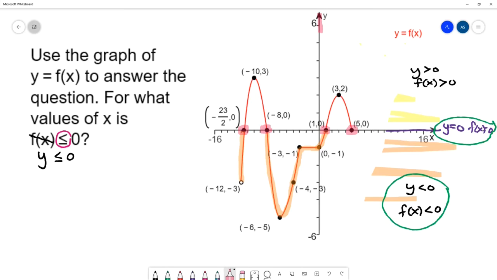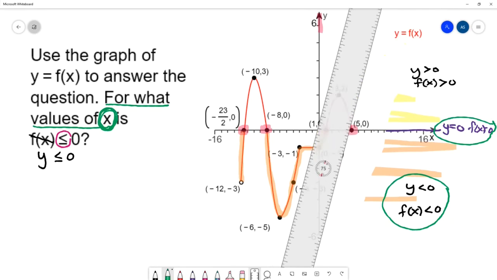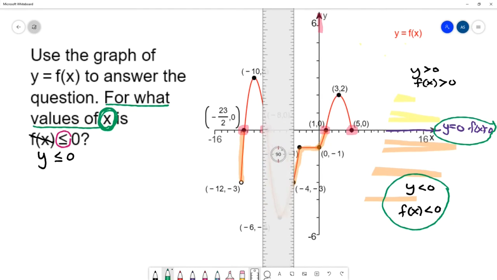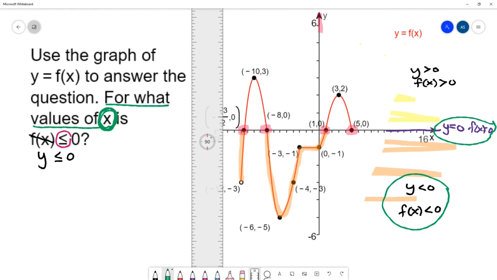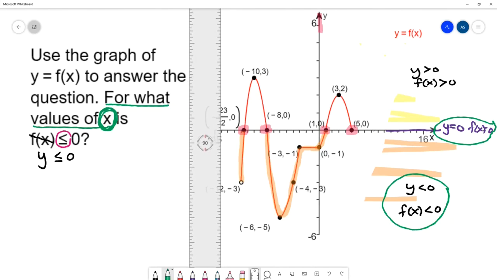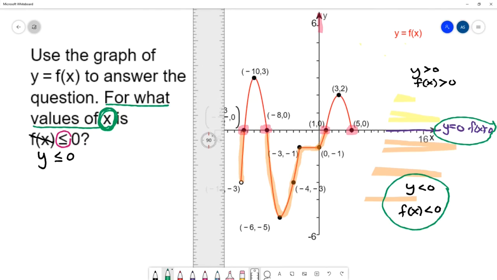Now, reading the question one more time, it says, for what values of x? So our answer that we give should be values of x. I'm going to bring my ruler out and hold it vertically. When I hold it vertically, I'm pointing to x values. So I'm going to use my ruler to help me write down the x values in interval notation.